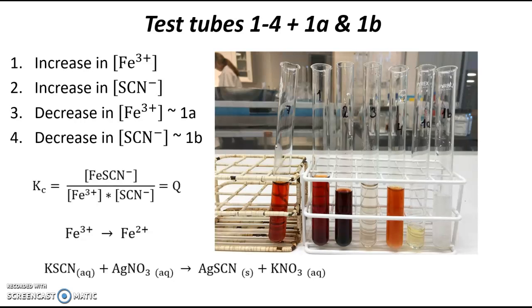So by adding silver nitrate into test tube number 4, we decreased the concentration of thiocyanate ions, meaning that more product was used to form reactants. This turned it slightly less red. It can be compared to test tube 7 that hasn't been touched.